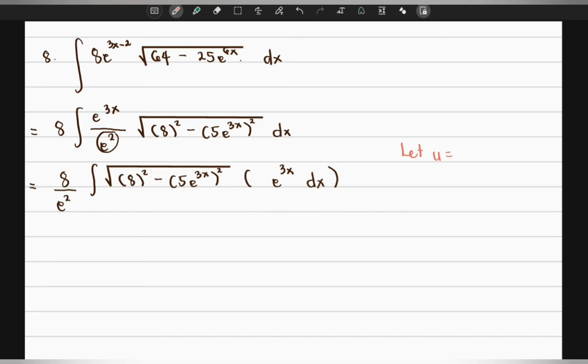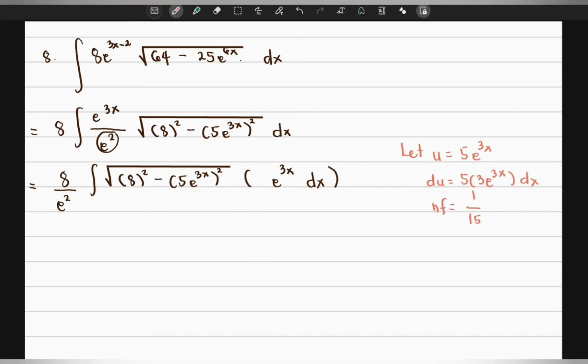So, let u be equal to 5e raised to 3x. Therefore, du is equal to 5 times 3e raised to 3x dx. Wala naman tayong nakikitang 15, 5 times 3. So, yun na isang buo, NF, 1 over 15.